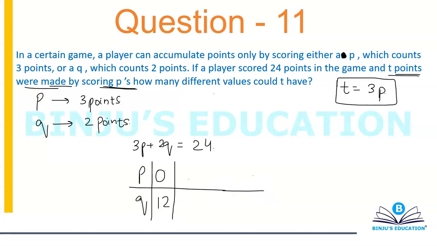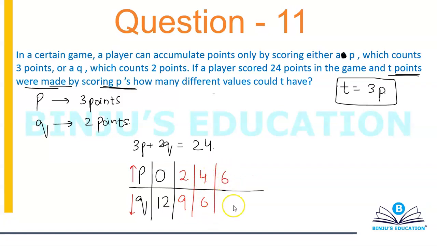Now we know that P is going to increase and Q is going to decrease, because we took the minimum value for P and the maximum value of Q. P will increase in accordance with the coefficient of Q, and Q will decrease in accordance with the coefficient of P. So the next value of P will be 2 and that of Q will be 9. Then the next value of P will be 4 and Q will be 6.